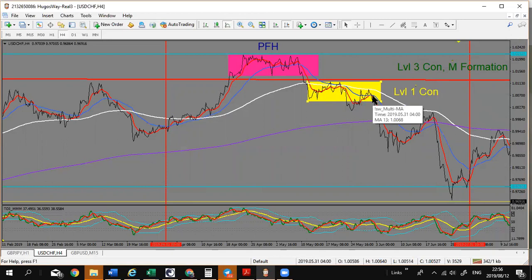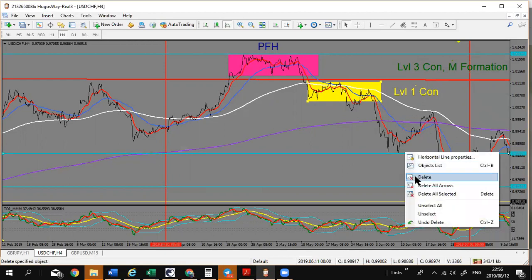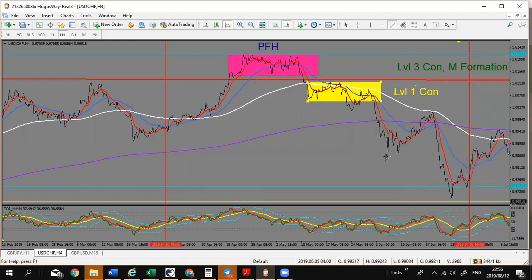And then here we see once again we have a breakout and it's 1, 2, 3 below. See, the market held this level. The market held this level over here.